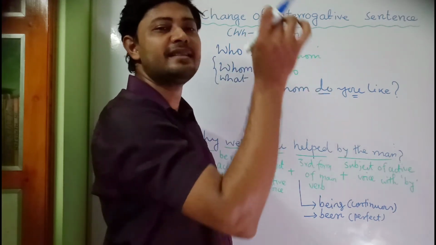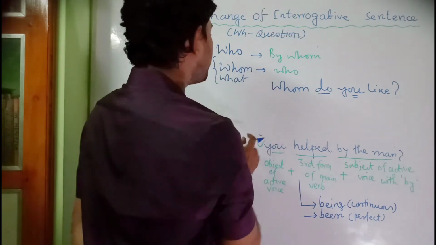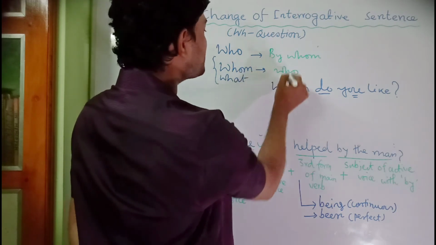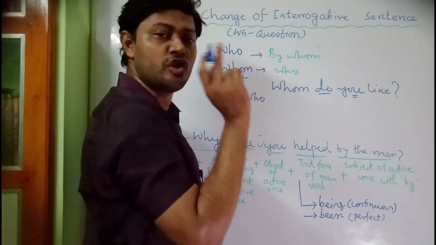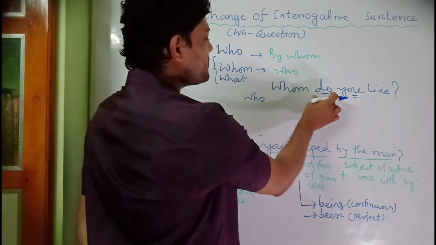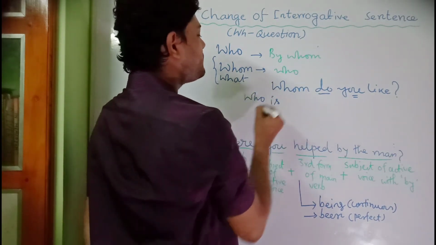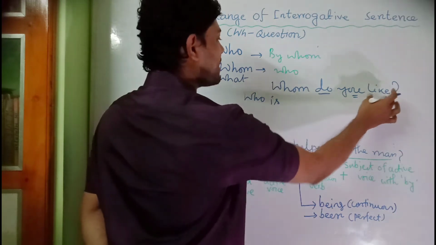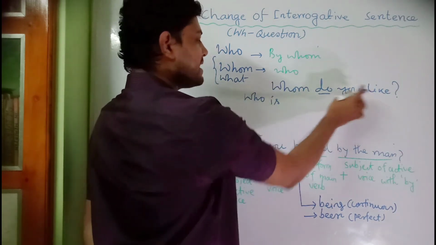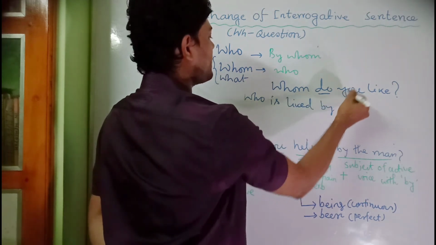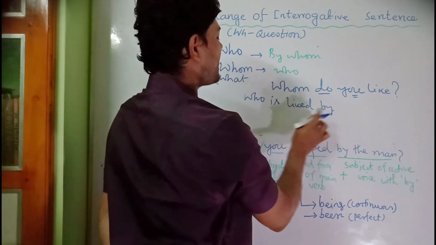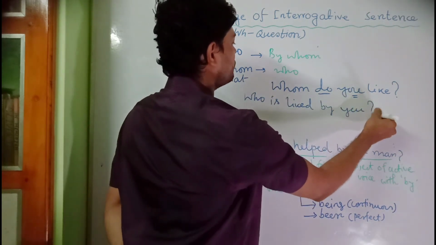So object is absent here again. So what will be the answer here? We know that whom should be changed into who. So the sentence begins with who, not whom. After that, as it is present indefinite, we have to write the verb is. Then the third form of the main verb, because here is no object. So who is liked, then the subject is you, so it will become who is liked by you.